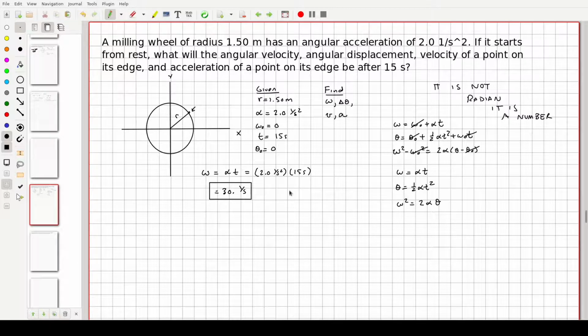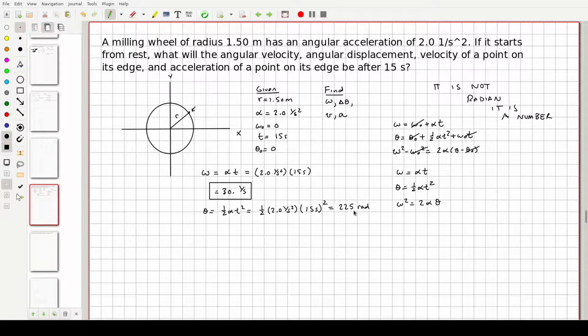The next thing we're going to find will be theta. Theta is 1/2 alpha times t squared, or 1/2 times 2.0 radians per second squared times 15 seconds squared. Well, the 2 and the half kill each other off, so it's really just 15 squared, which is 225. 225 radians, or you could say rad, just to show that it is in fact in radians.